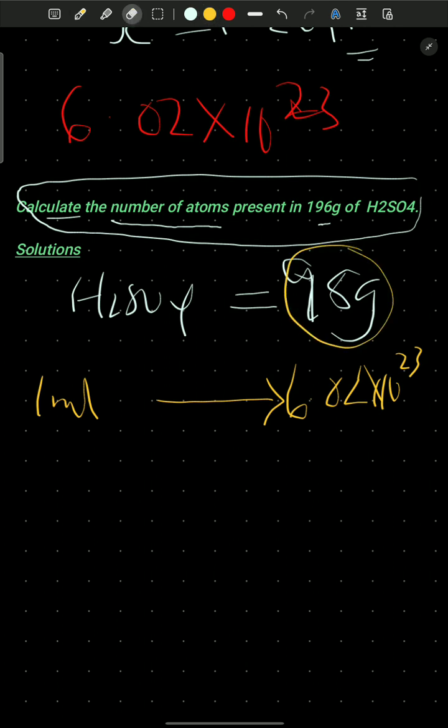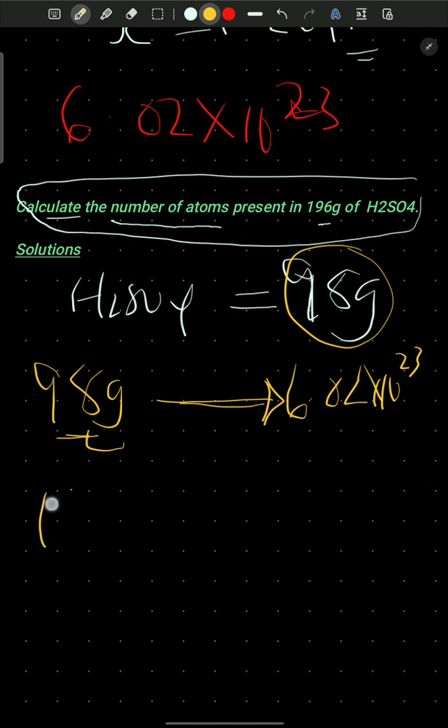So we just replace it back. This is what we call mass to atom relationship, or mass to Avogadro's entity relationship. Instead of using mole, wasting my time to first get the mole, which is a stress, I can just say that 98 grams will give me 6.02 times 10 to the power 23.